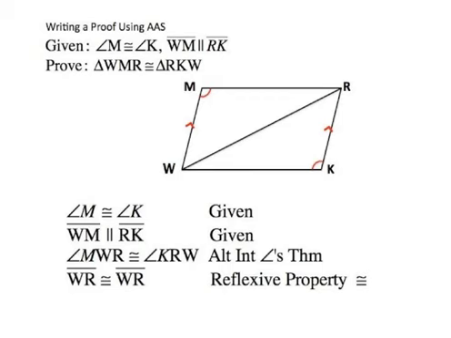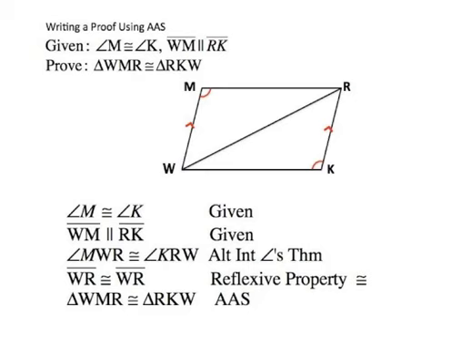And next we know that segment WR is congruent to itself, segment WR, because of the reflexive property of congruence. And finally we can say that triangle WMR is congruent to triangle RKW because of angle side.